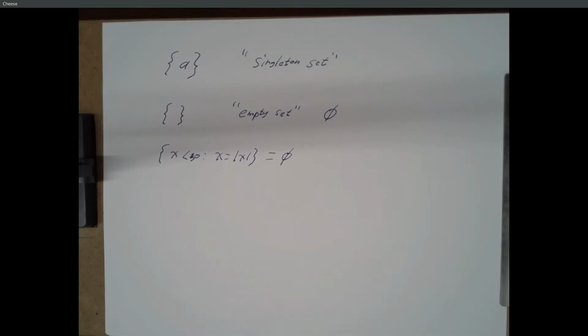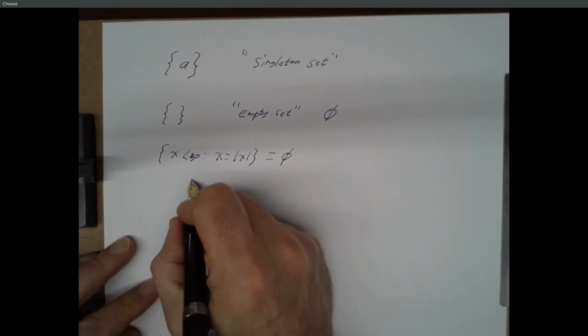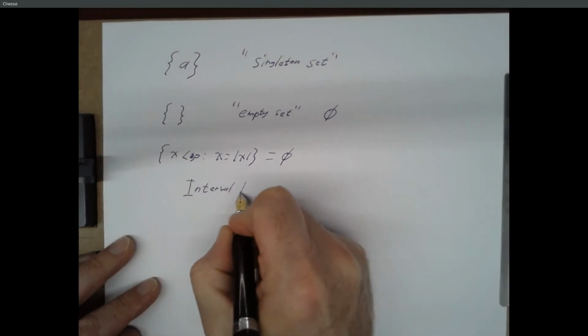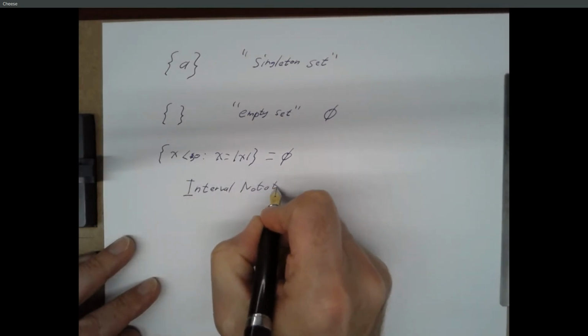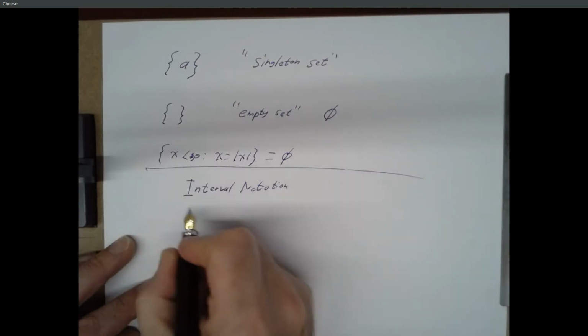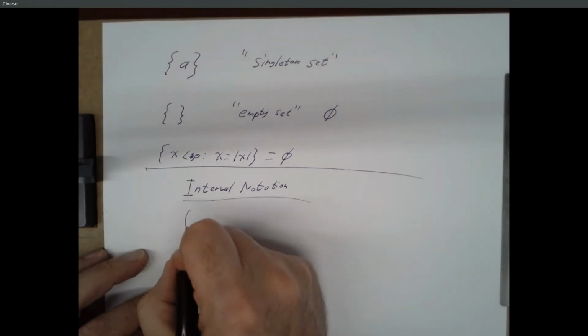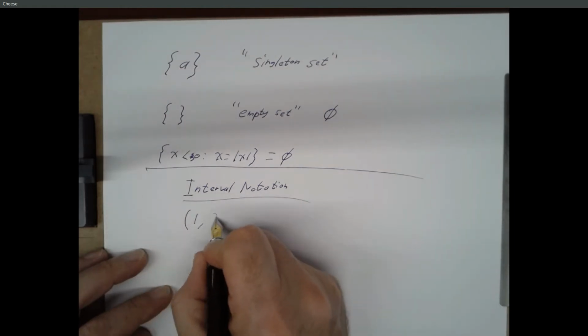All right. The other way to talk about sets is what we call interval notation. And you may have seen this before. We can write something like parentheses 1, 3.